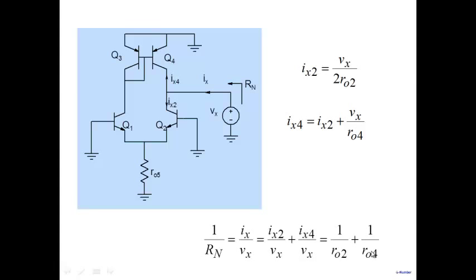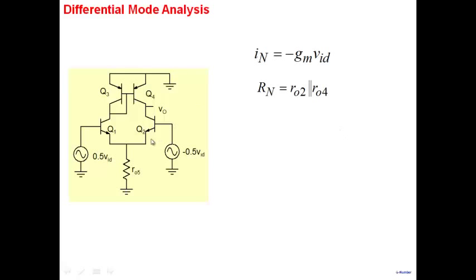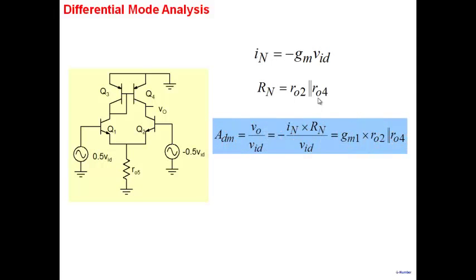So the net Norton's resistance is this output resistance in parallel with this one. So we said the net Norton's current is GMVID, and the net Norton's resistance is R02 parallel R04. Therefore, your output voltage will be simply equal to minus IN into Rn, because this whole circuit is a current source in parallel with Rn.